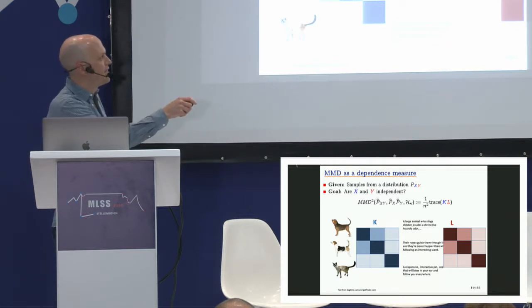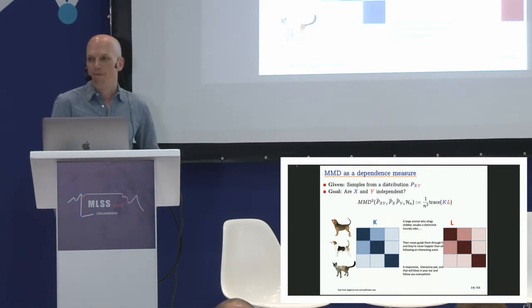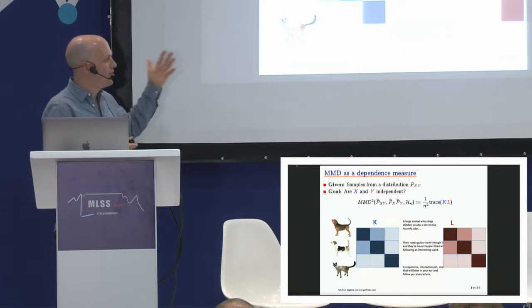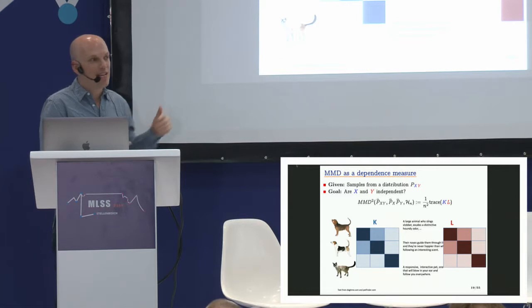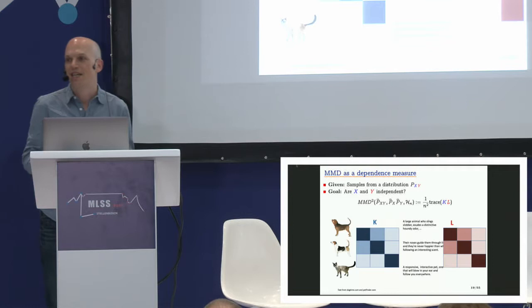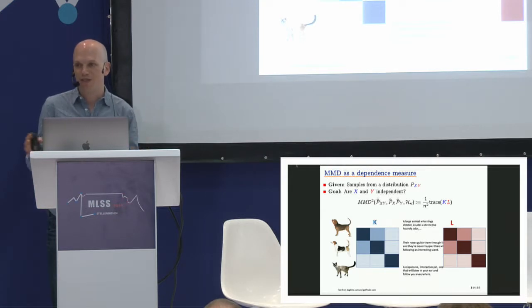And that's what this trace of K times L does. So this is actually a reasonably simple thing to understand. And what's more, at no point did I have to regress from my images to my captions. I only looked at the similarities within the image space, the similarities within the caption space, and then I took the dot product of these two matrices of similarities.